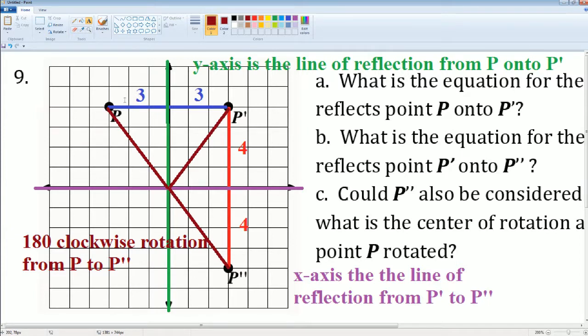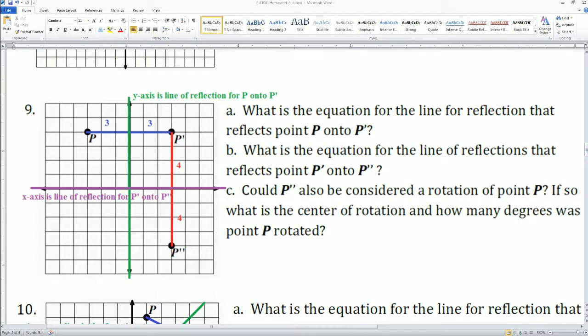When you reflect over the y and then reflect over the x, it is the same thing as a 180-degree rotation. So that was the answer here.